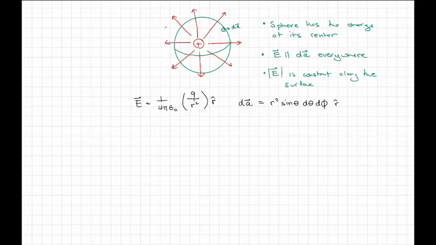All right, so now I want to take an integral over the surface. In this case, it's a closed surface, so I'm going to use this special integral sign. This basically means, hey, everybody, it's not just any surface. This is a closed surface.